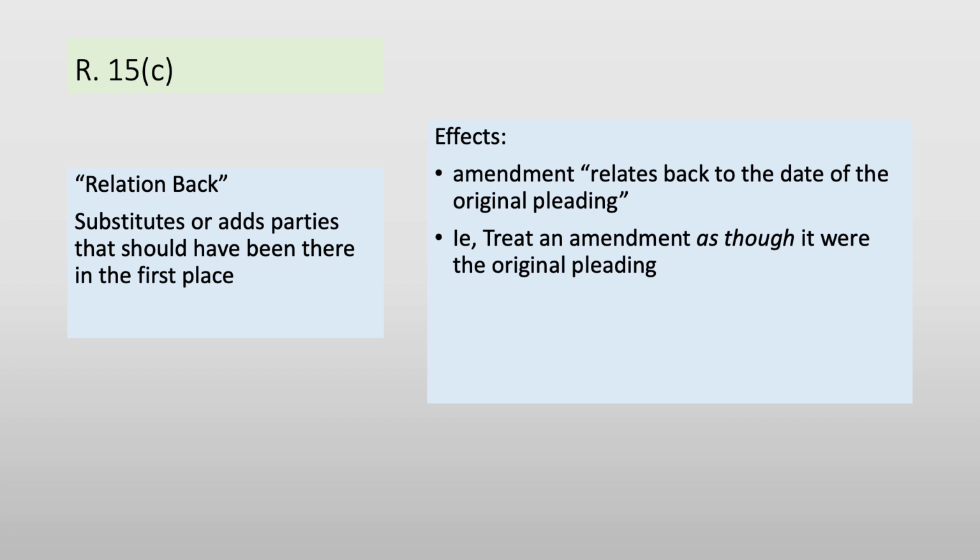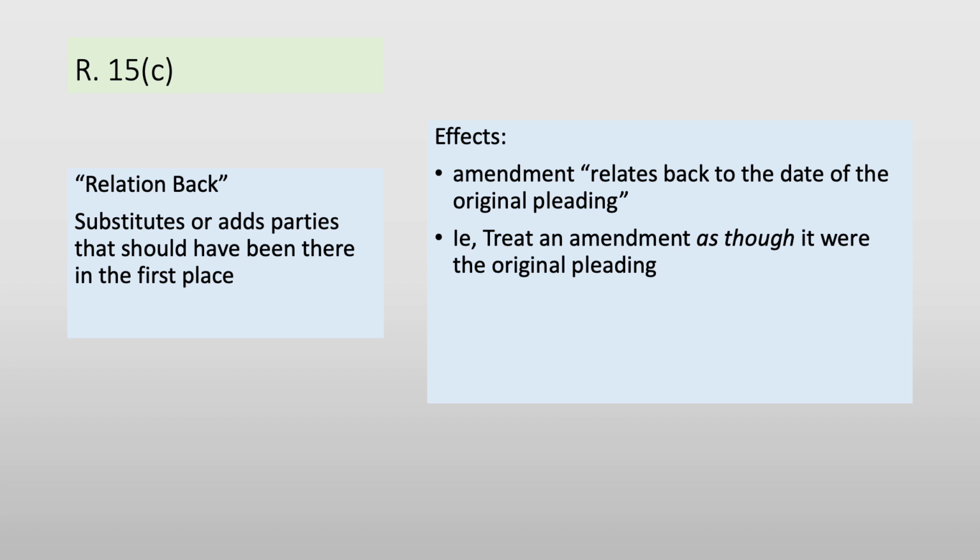Why is that useful? Why can't I just say, oh, Rule 15 allows me to amend my complaint. I'm amending my complaint to include a new defendant or a different defendant now that I know something that I didn't know before? Well, in fact, you can do that.